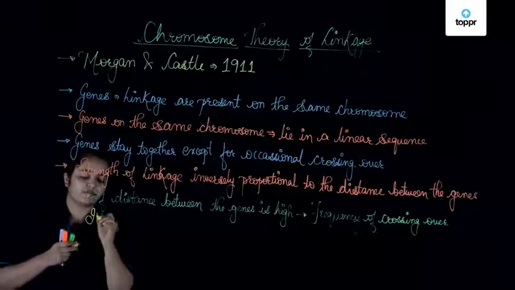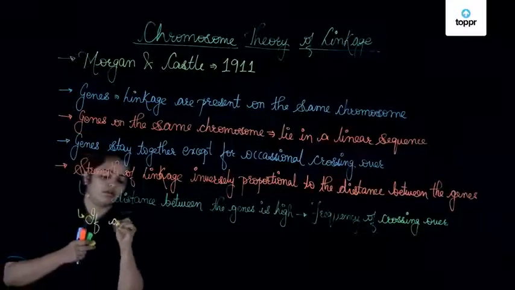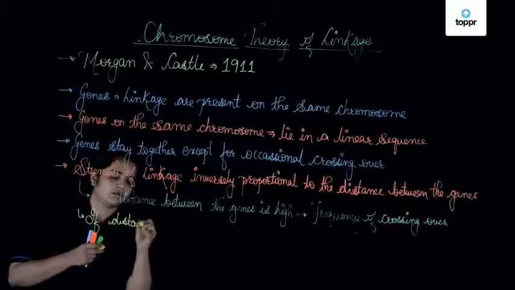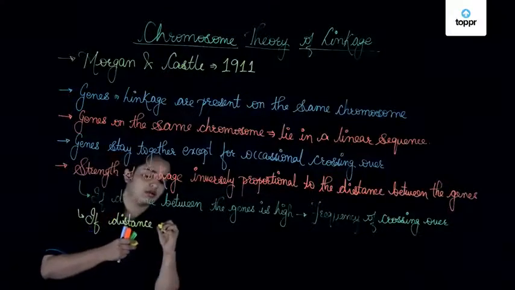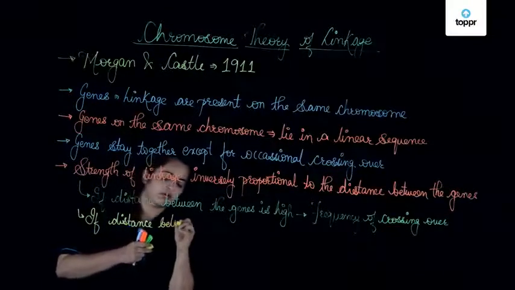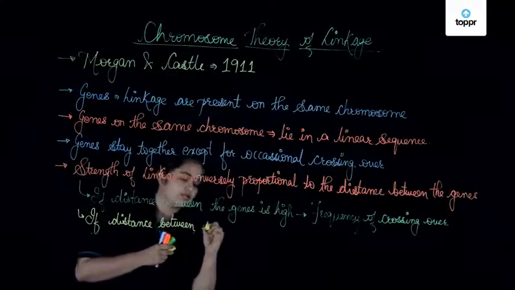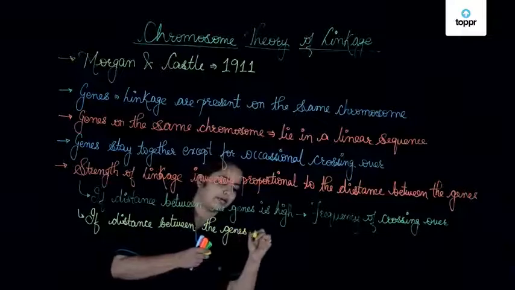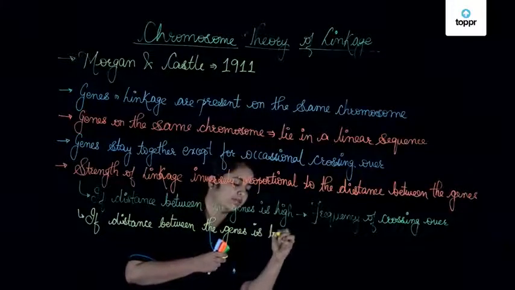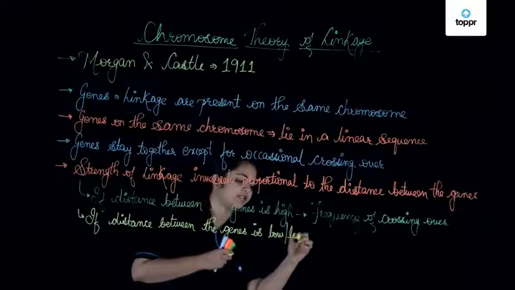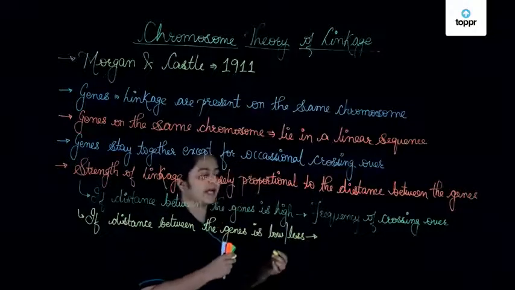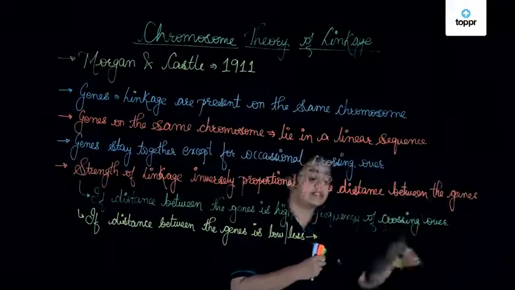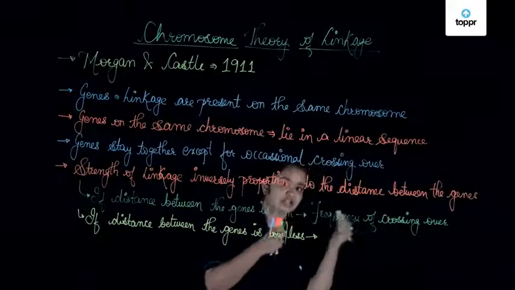So if the distance between the genes is low, then what will happen? Then the frequency of crossover is less. That means they will stay together.